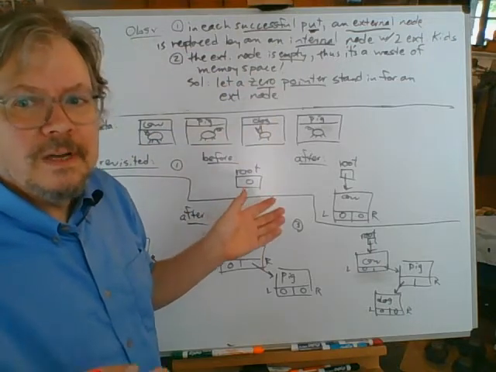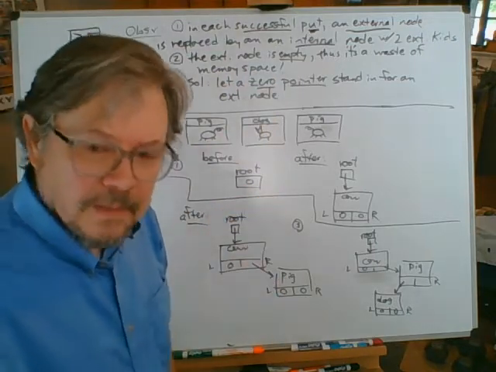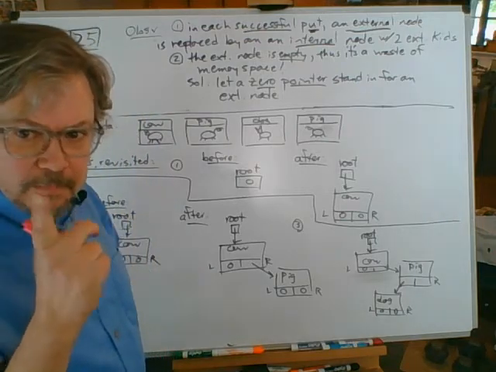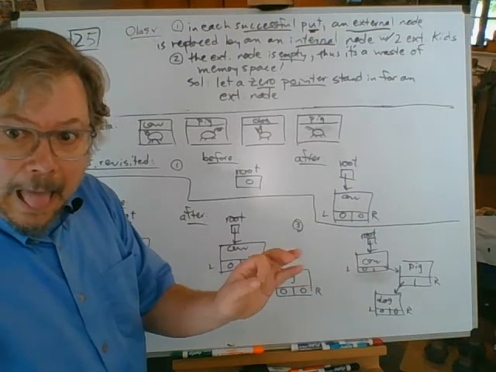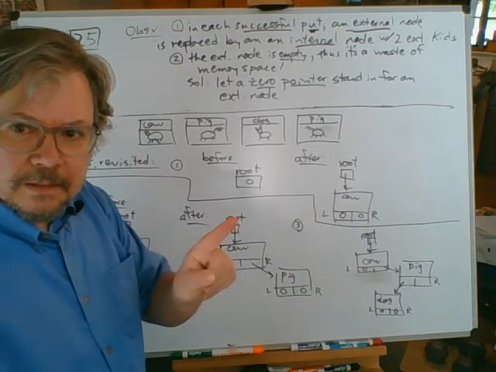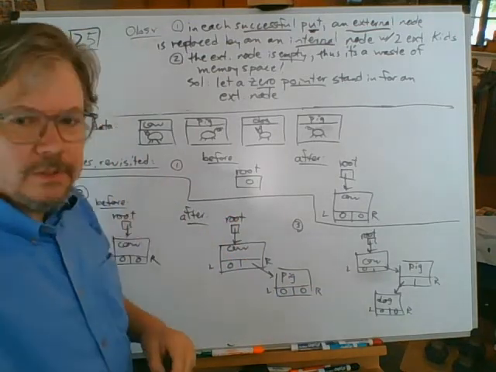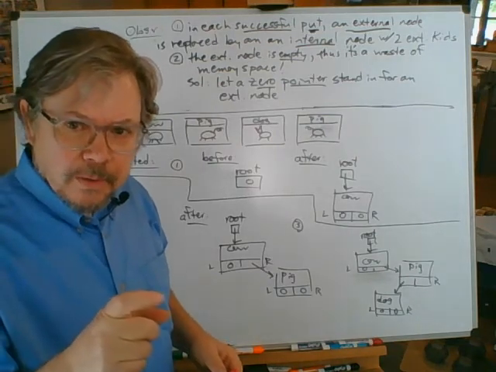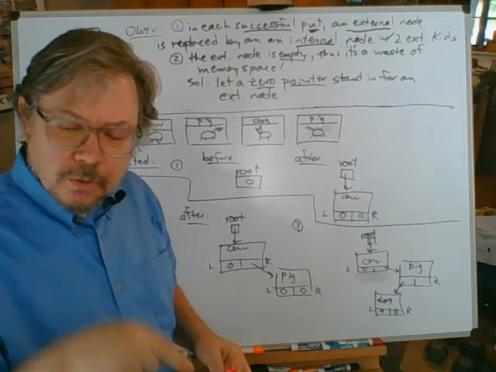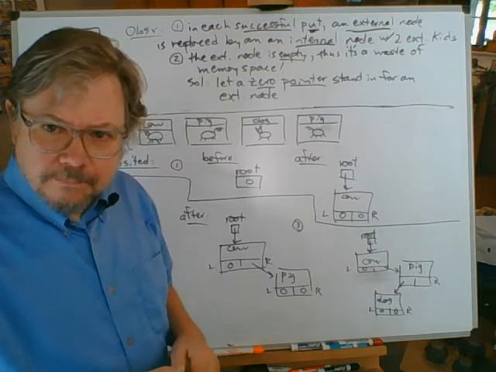It's always the same. In the implementation, there's really only one case. In every case, when we successfully insert a node, we are replacing a 0 node pointer with a new pointer to a new node in the tree.